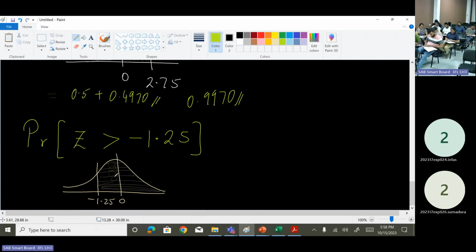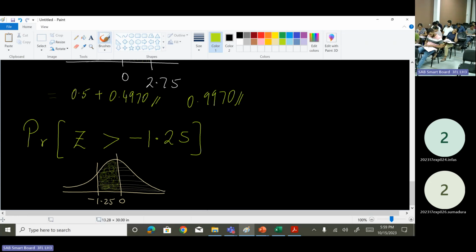So this area, by referring 1.25, we can get this area. This part by referring 1.25 you can get, and this is 0.5.